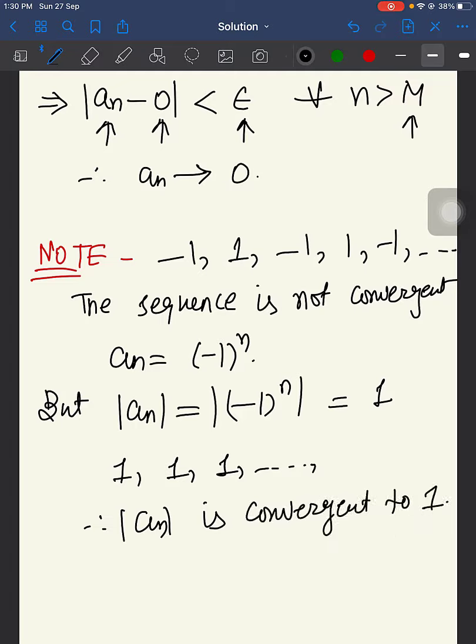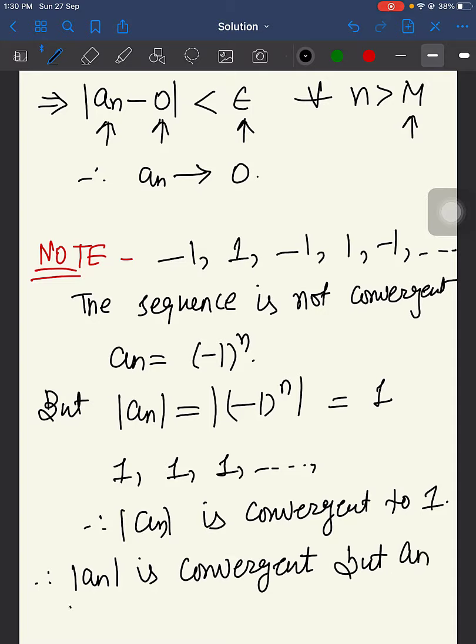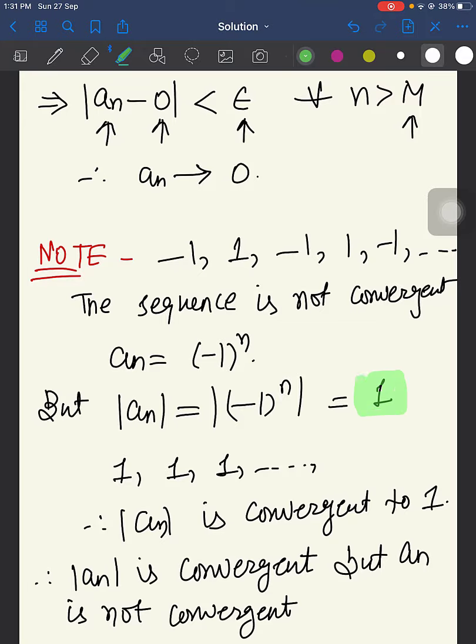So in this case, your mod an is convergent, but an itself is not convergent. So in the case of a non-zero number, this statement doesn't hold.